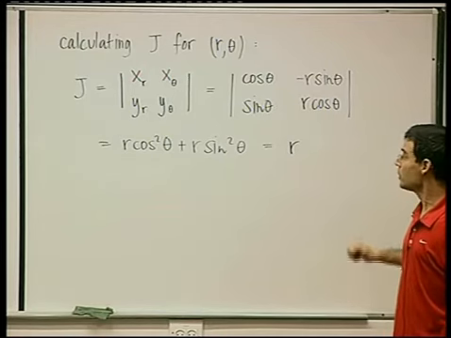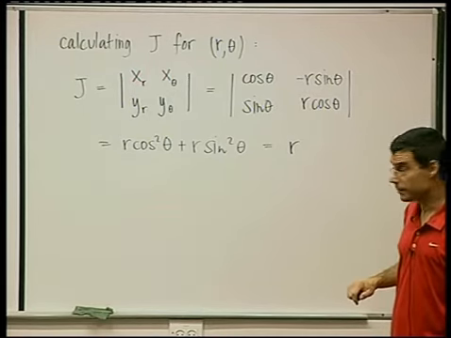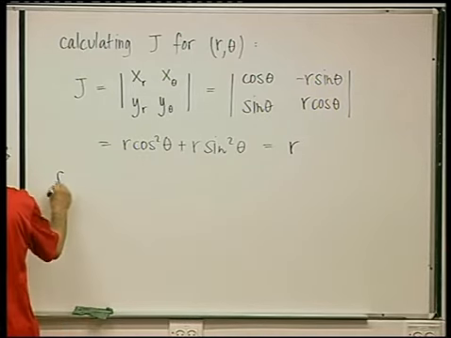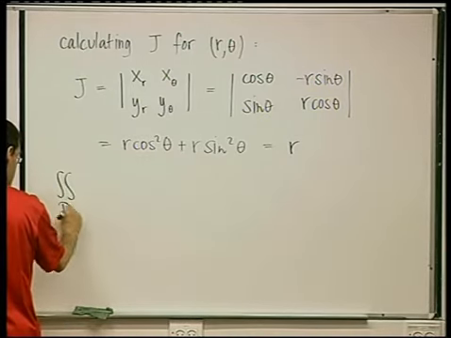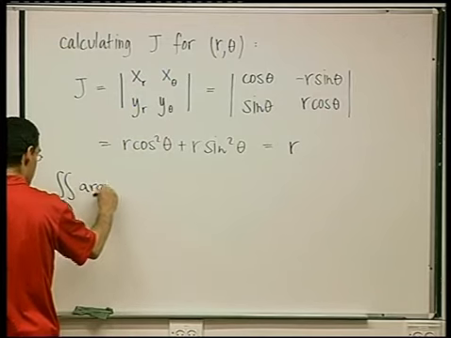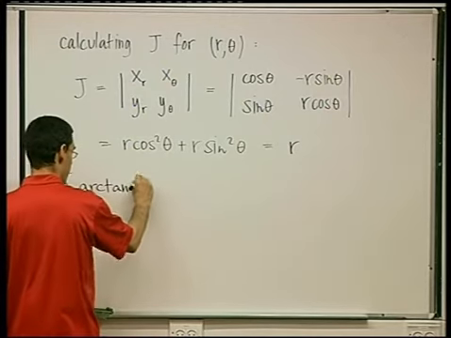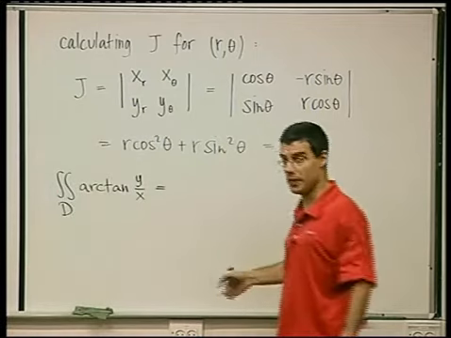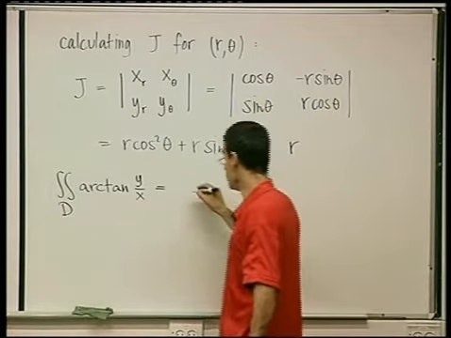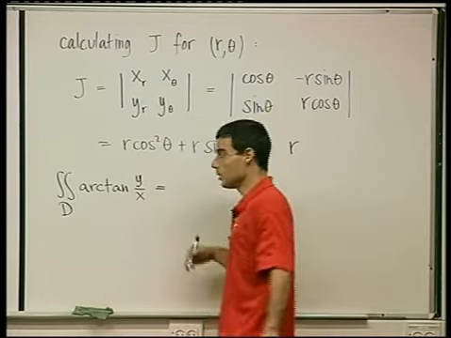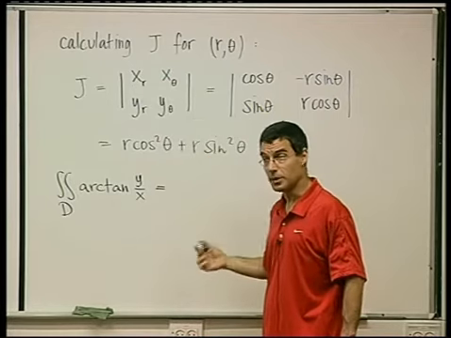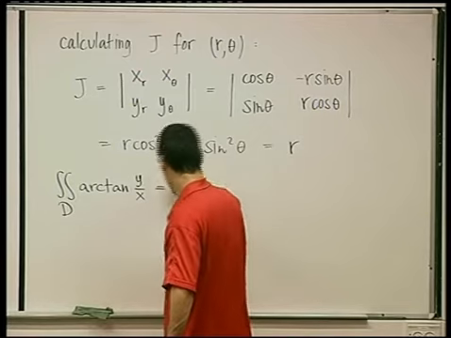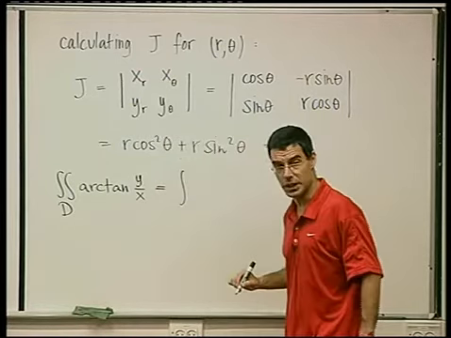Okay, good. So now we can calculate the integral. The double integral on our domain D of the function arctan of y over x equals, by the change of variable theorem, the double integral on the new domain E. But the new domain E is a rectangle, so I'm straight away going to write it as an iterated integral.